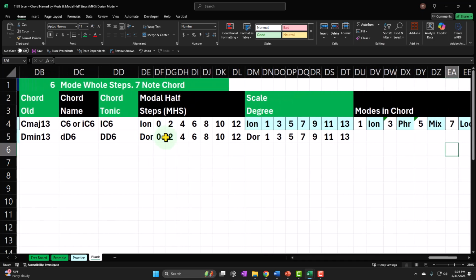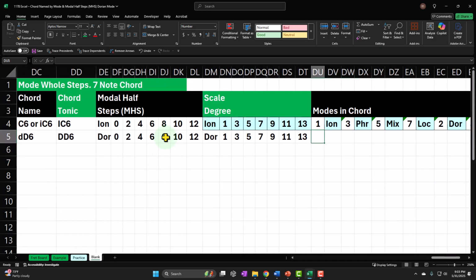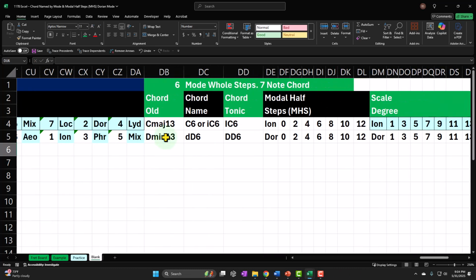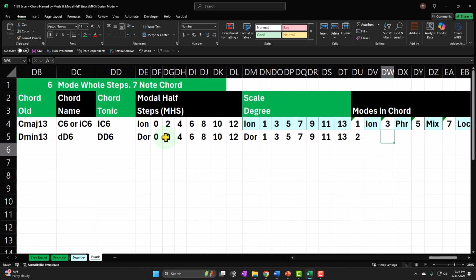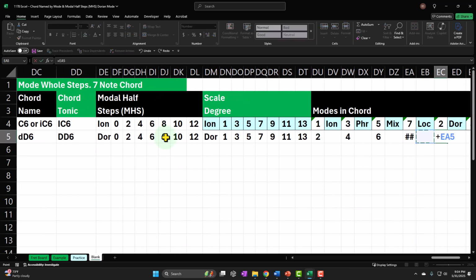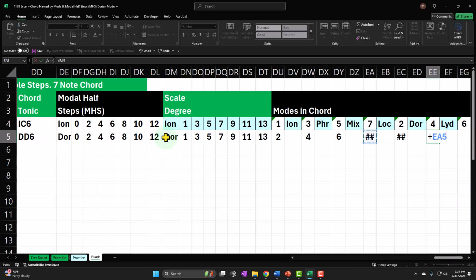All right, and then if we list all of the modes in order, we're starting on mode number 2. If we're starting on mode number 2, we just say it's going to be 2 plus 2, which gives us mode number 4, then 2 plus 4, 2 plus 6, 2 plus 8, 2 plus 10, and 2 plus 12.